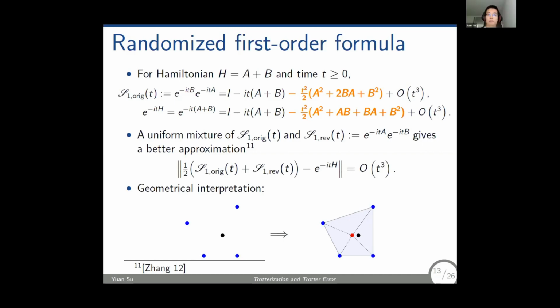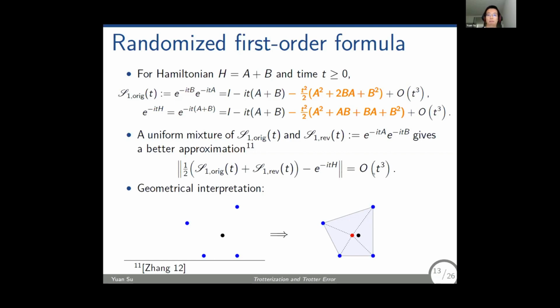Yeah, so for the second order Trotter, you also have this dependence on t, the error is t cubed. But you also have some dependence on other parameters, right?